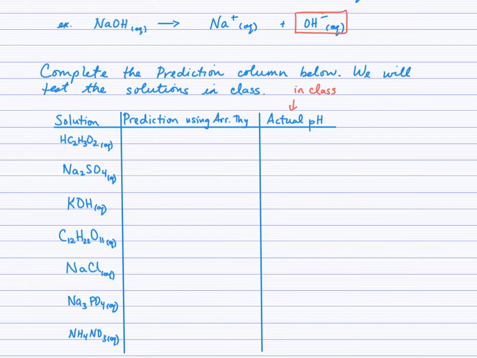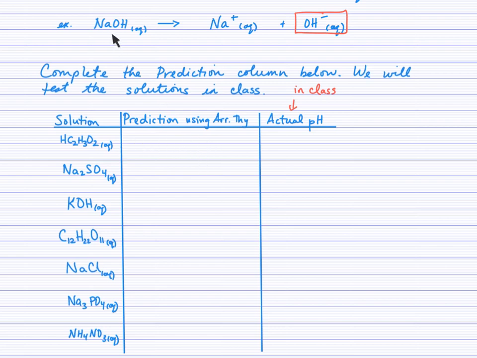But what I'd like you to do is write equations the way that I did for HCl and NaOH and predict, based on the Arrhenius theory lesson here, whether you think these substances are going to be acidic or basic. Okay, so run the list, write equations here, and make your prediction of acid or base.